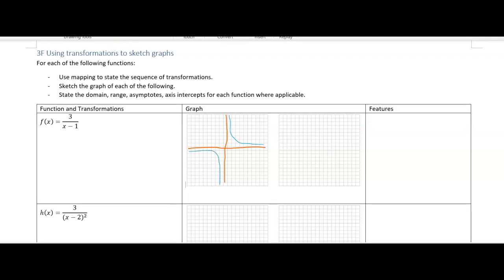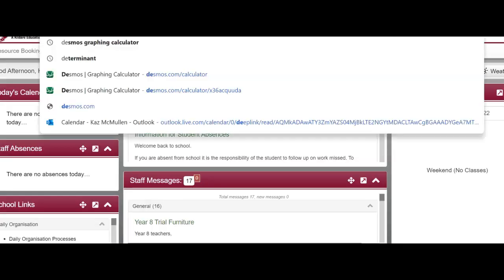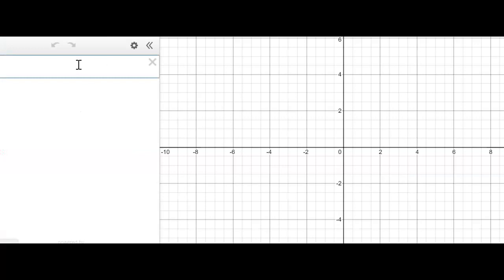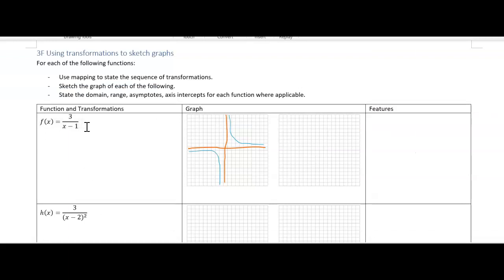What I might do is also show you the graph on Desmos. Okay, so our basic hyperbola is 1 over x. All right, there it is. Now, the function we're doing is 3 over x minus 1.